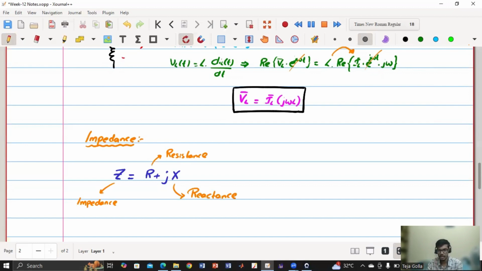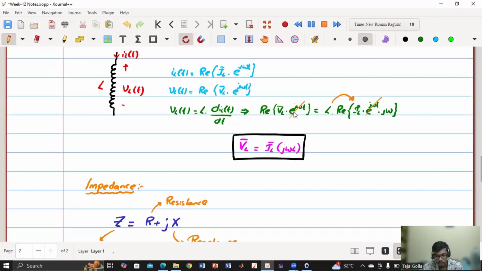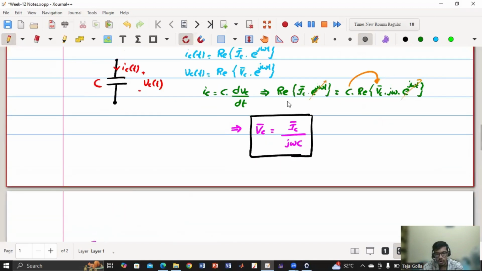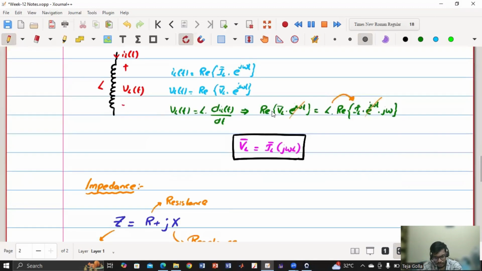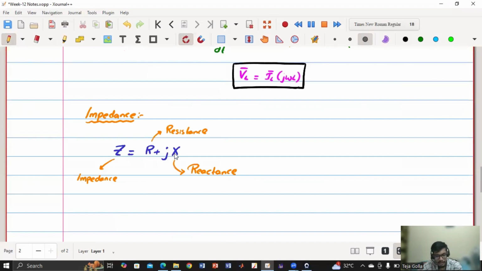Resistance is real, but j omega L is complex, and 1 by j omega C is also complex. So we have a real part plus some imaginary part. Overall it is called impedance. The real part is called resistance, and the imaginary part is called reactance.